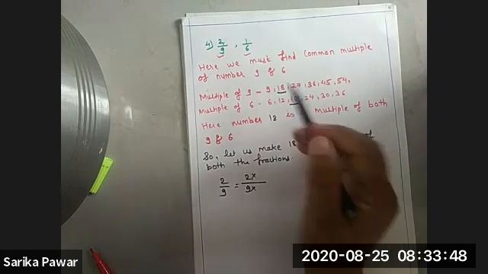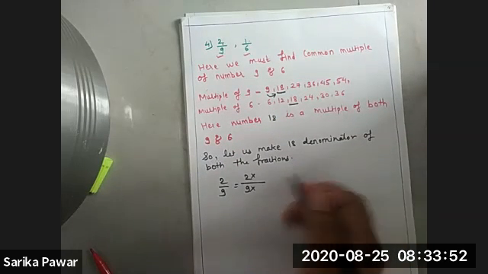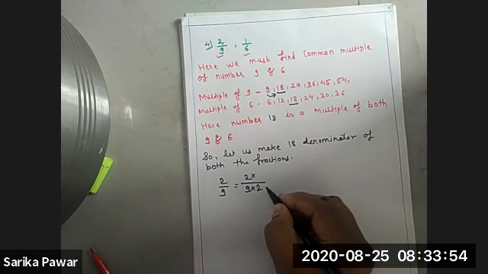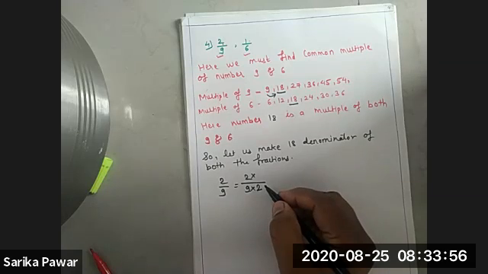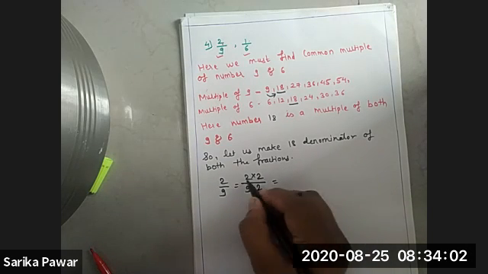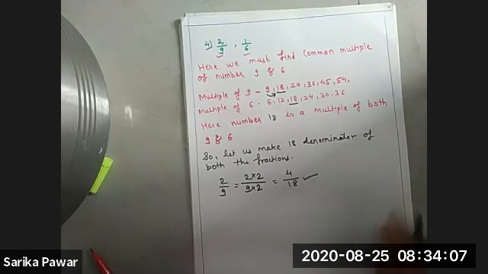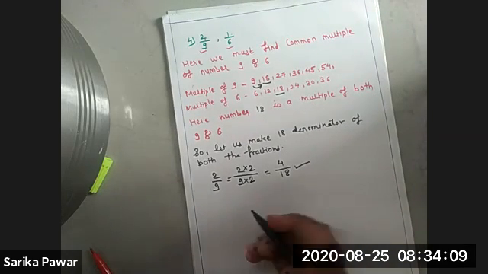See the table of 9. 9 ones are 9, 9 twos are 18. So here multiply by 2, and the same number I told you before also. By the same number you have to multiply in numerator also, by 2. 2 twos are 4 and 9 twos are 18. Here we solved the first fraction.